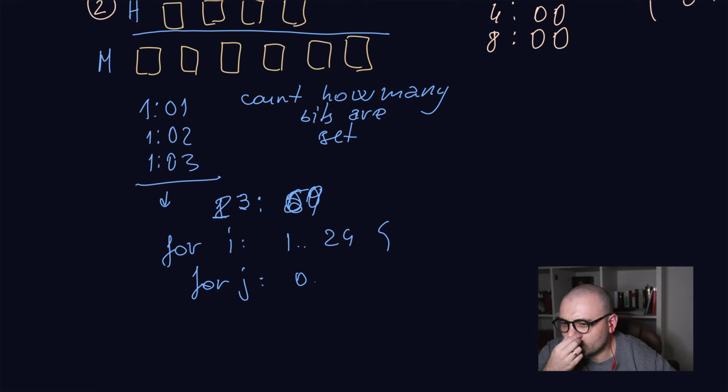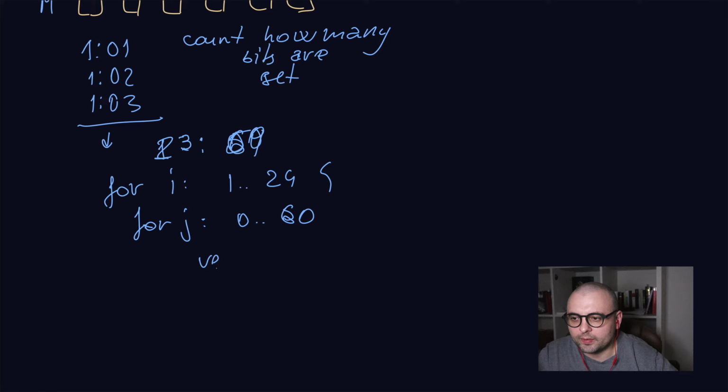Yeah, this is a little bit trickier because we need to pad it. 0, 50, 60. So I'll be creating my vec of possibilities. And then I'll create a function to check how many bits are set for this. And that should be it.